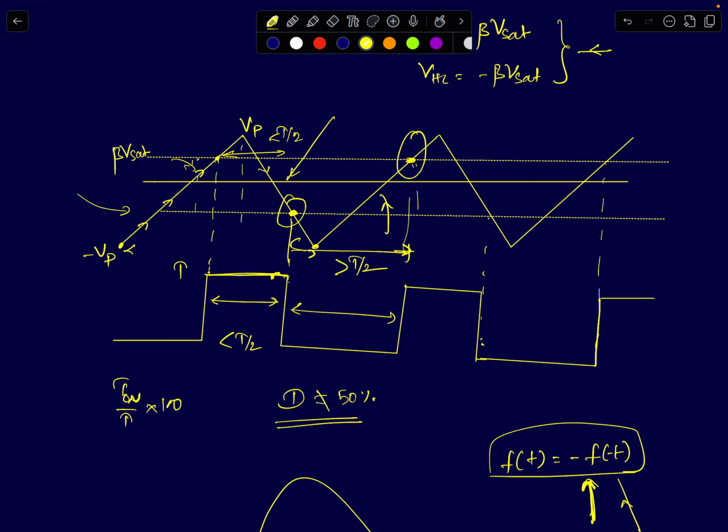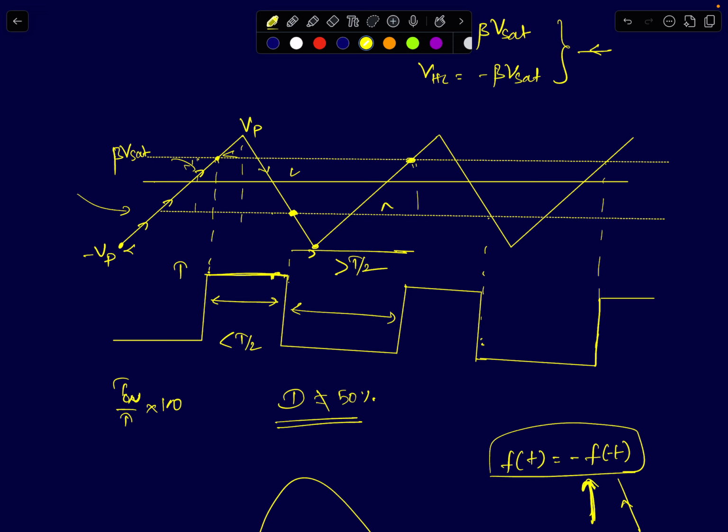So in this case, if my input waveform doesn't exhibit odd symmetry, which means its average value is not 0, having symmetric threshold voltages doesn't really help me. In that case, I would prefer to have asymmetric threshold voltages.